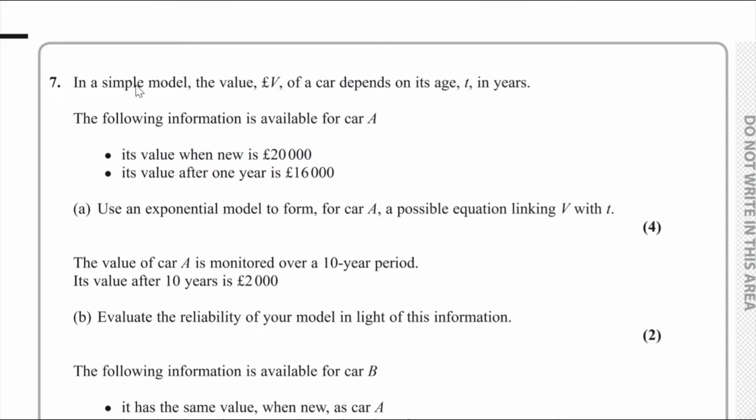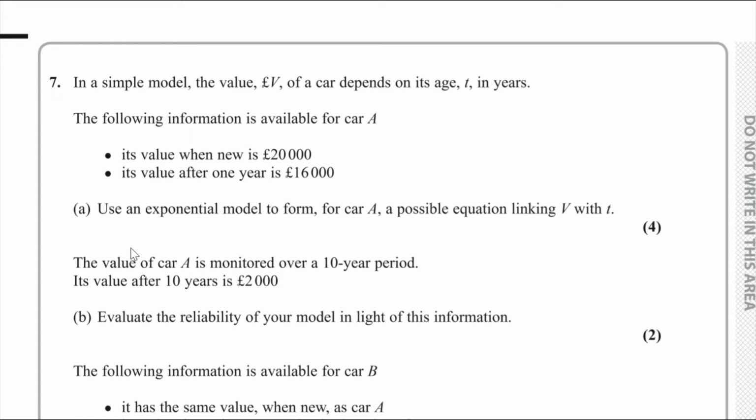Question number 7. In a simple model, the value v pounds of a car depends on its age t in years. The following information is available for car A. So its value when new is £20,000. Its value after 1 year is £16,000.